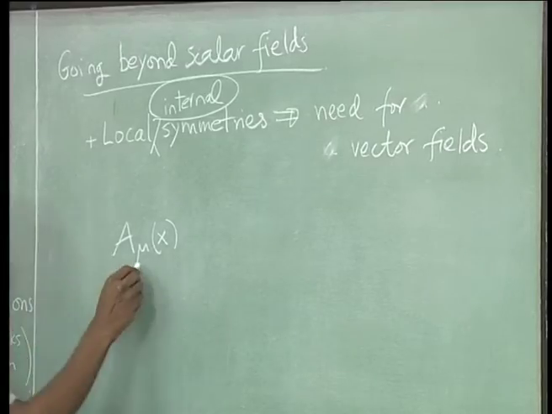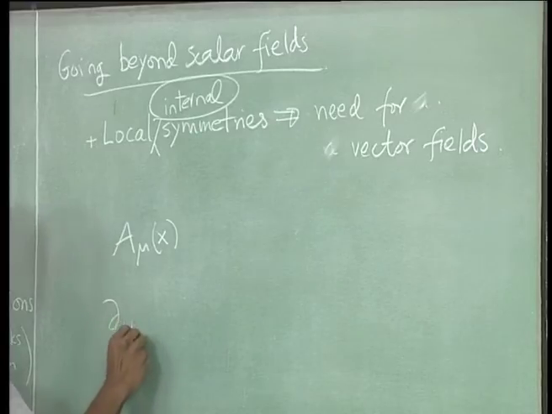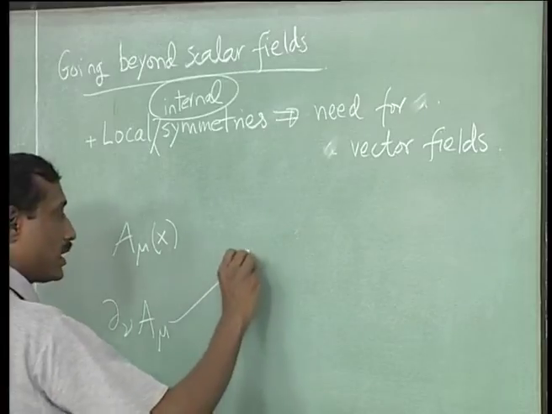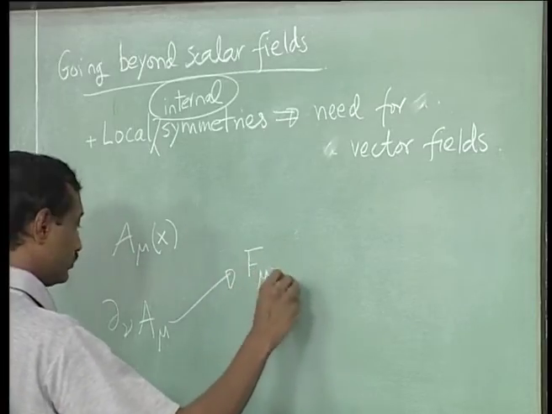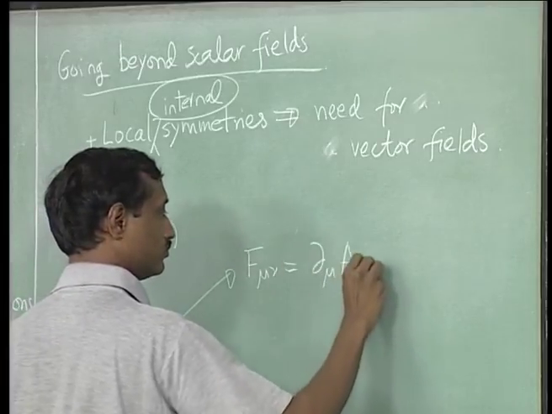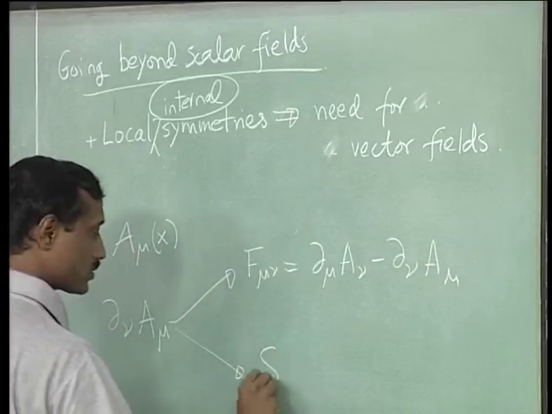Taking this, which already has one index, I could write an object which has a derivative of this thing. We have to construct scalars out of these, and since this is just a second rank tensor, I can break it up into symmetric and antisymmetric parts. The antisymmetric part I will call F_mu_nu, and the symmetric part let us just call S_mu_nu.